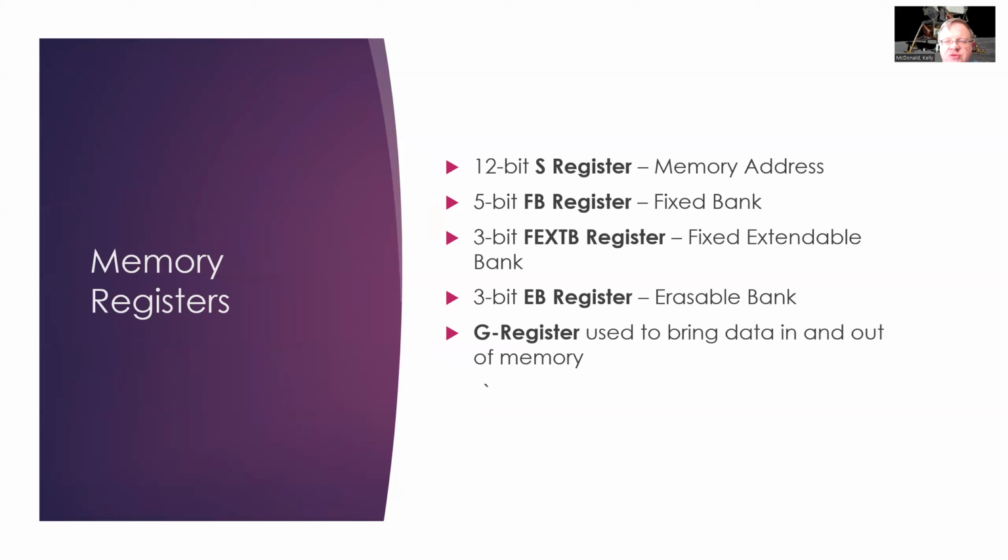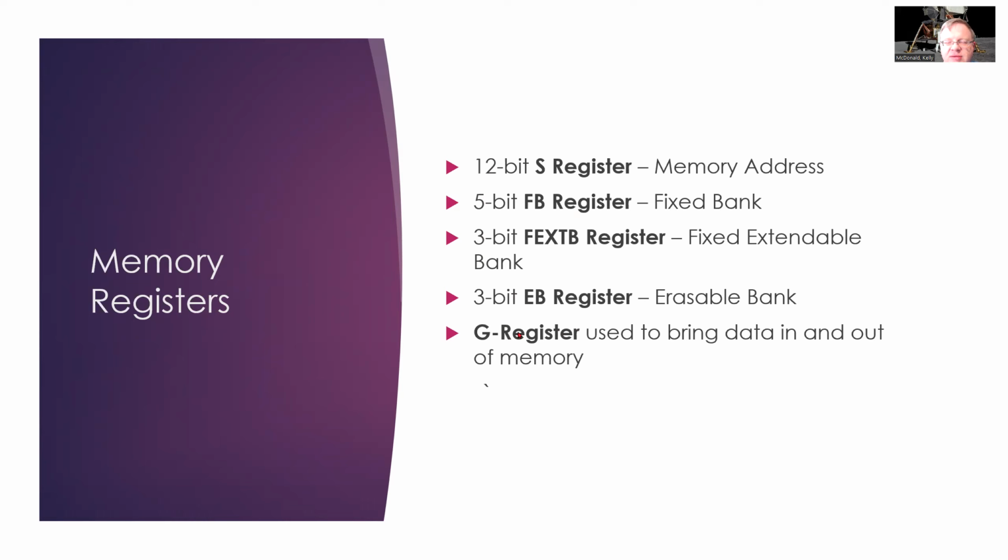In addition to those central registers we talked about, there's the 12-bit S register, which is the memory address. You may recognize that 12 bits isn't enough to address all the memory that's in the AGC. So that's why we have these additional fixed bank register, erasable bank register, and fixed bank extended register, as well as the G register that we talked about.